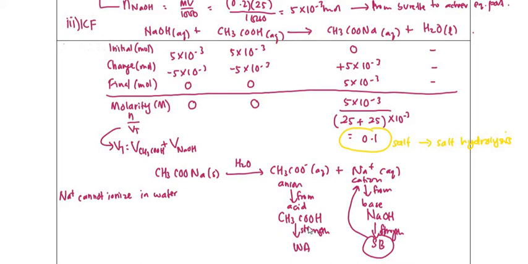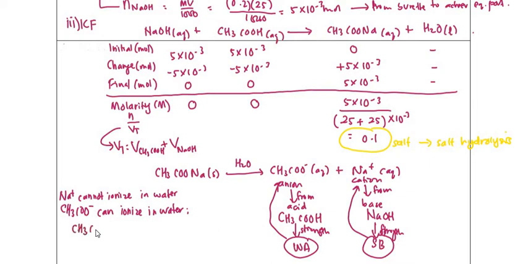How about CH3COOH? Since it is a weak acid, we conclude that CH3COO minus can ionize in water. Since you said it can ionize, you have to prove it.